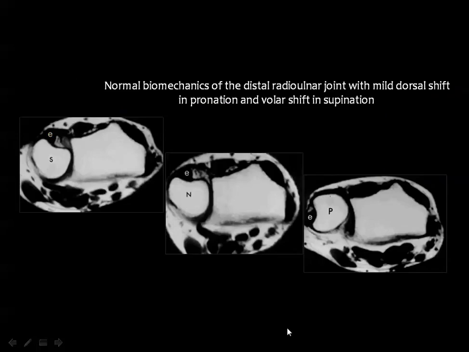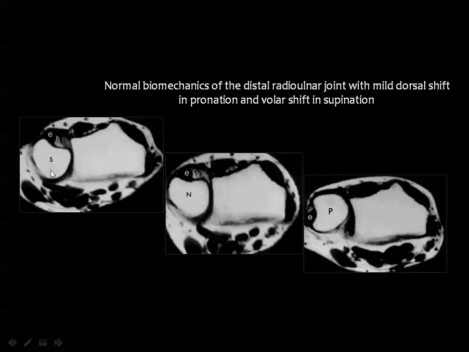If you put the hand in supination, pronation, or the neutral position, like the lateral view of the wrist by X-ray, there are changes in the relation of the ulna to the radius in different positions.